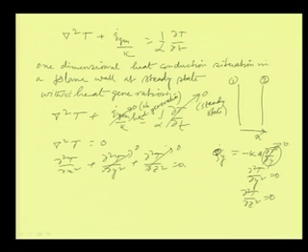So, we are reducing this problem to this kind of situation, where del square T by del x square equal to 0, and this implies, if we do the integration twice, that T is equal to C 1 x plus C 2, where C 1 and C 2 are the integration constants.